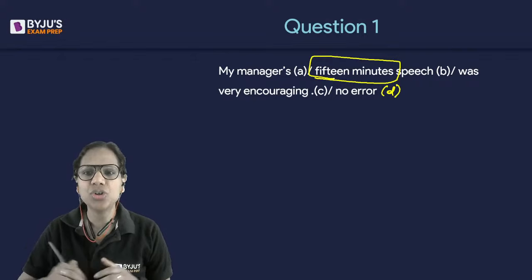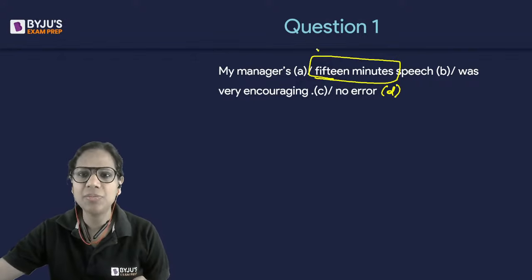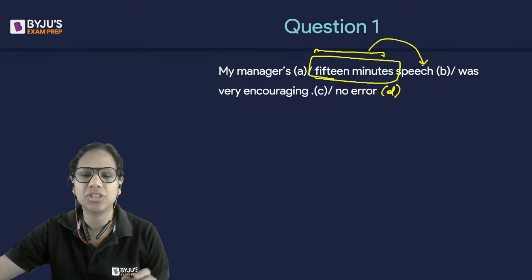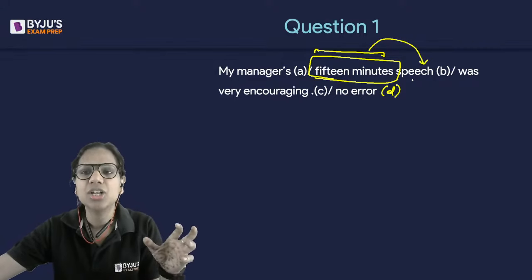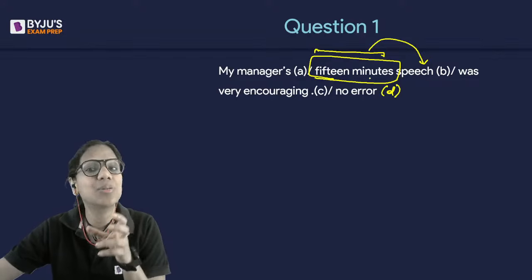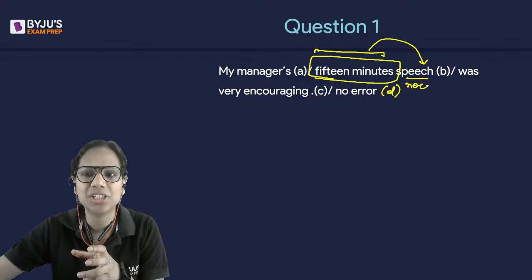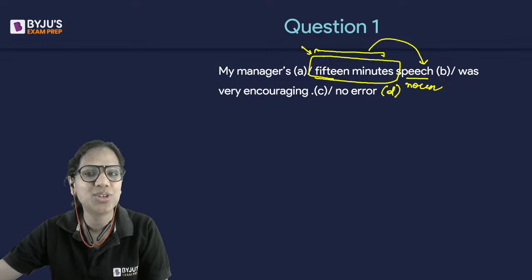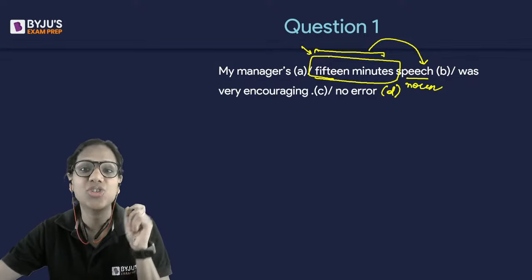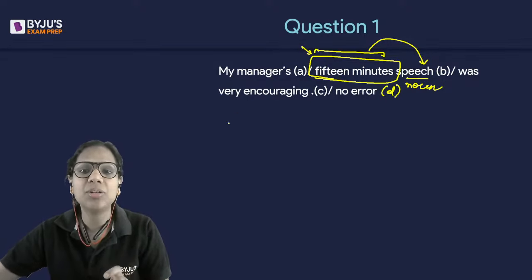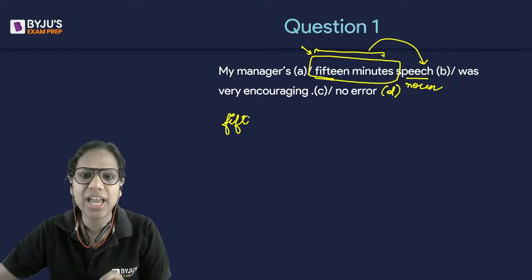See this, I am using this duration to describe the speech, for how long it went. So this 15-minute is a description of the noun speech. And what are describing words called? They are called adjectives. So this 15 minutes is actually acting as an adjective here.